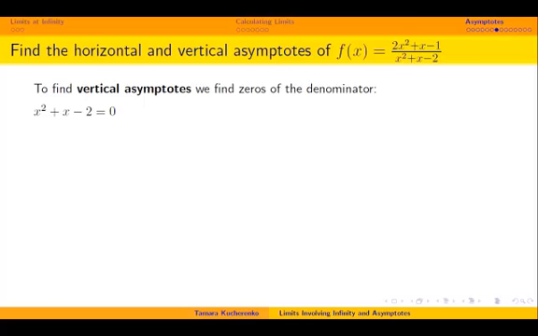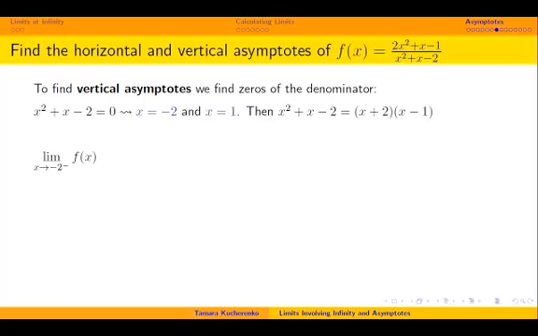We obtain two roots, x equals negative 2 and x equals 1. The denominator factors as (x plus 2) times (x minus 1). We will compute one-sided limits of f at negative 2 and 1.